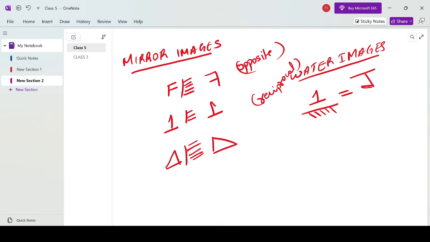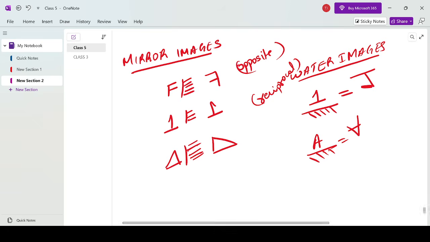So that's it. Let's go with a letter, let's say A. The water image you will see this way, A will just be upside down. So they might ask you in terms of a diagram or anything.